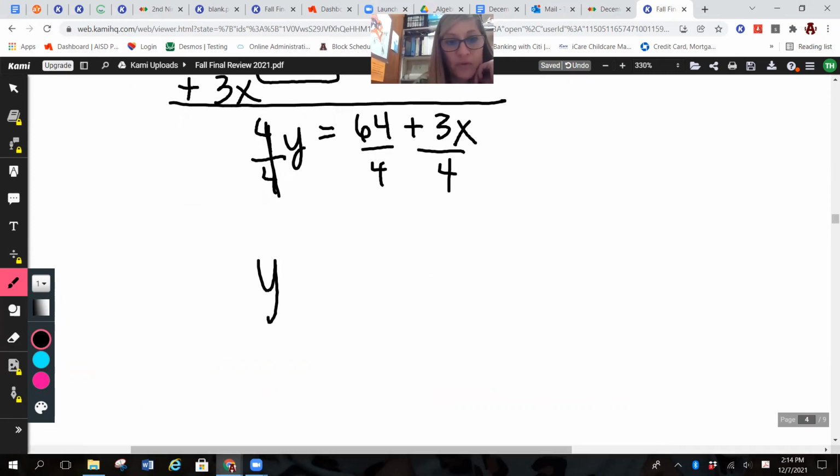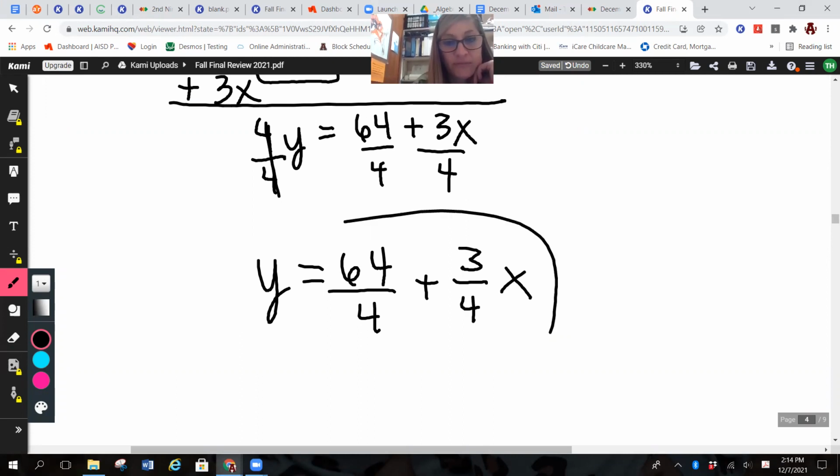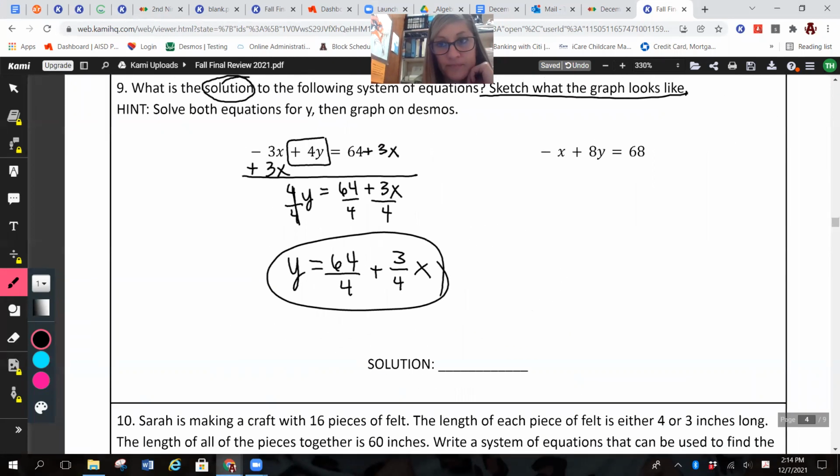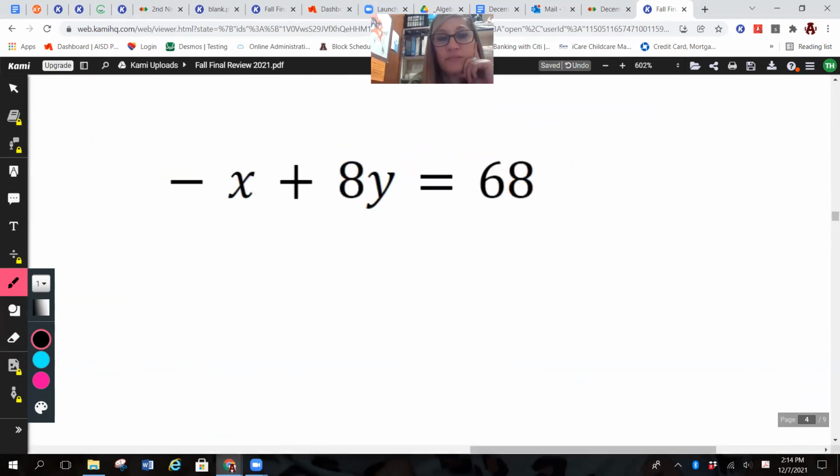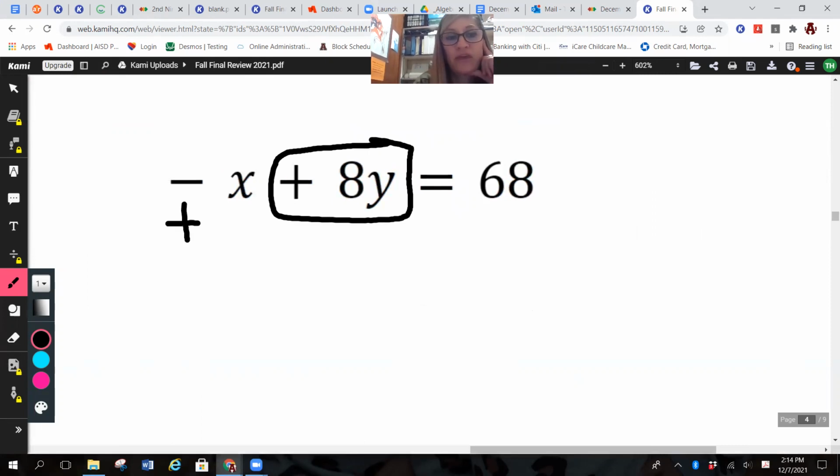Here we go. y equals 64 divided by 4 plus 3 divided by 4 with an x. Now we're ready to box this side. Box this y. Move the x to the opposite. And then divide.